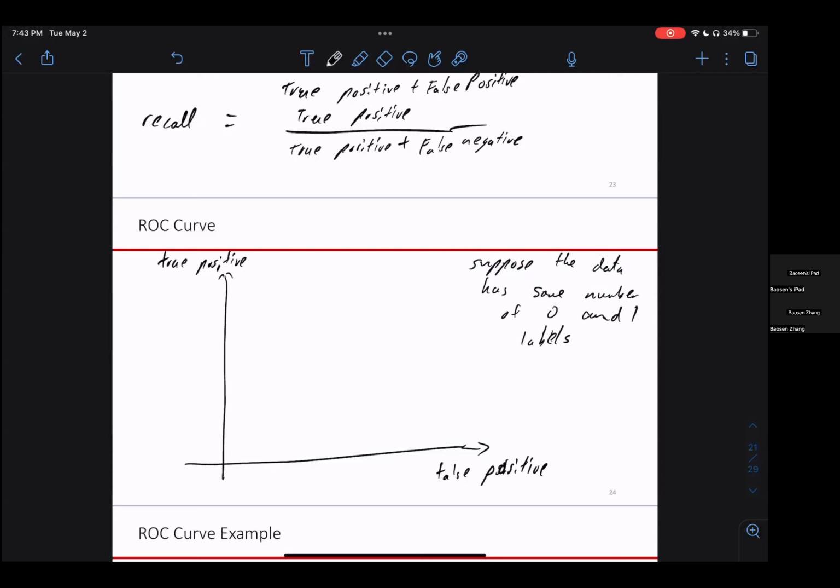Unless I give you a data set that has equally the same number of zeros and ones. What is the simplest algorithm you can do, and what is the performance of that algorithm? Let's say the data has an equal number of zeros and ones. Is there an algorithm that has no false positive?